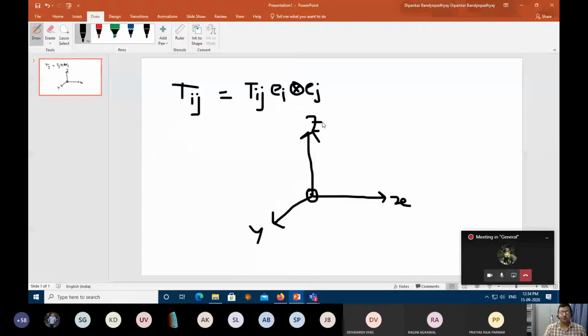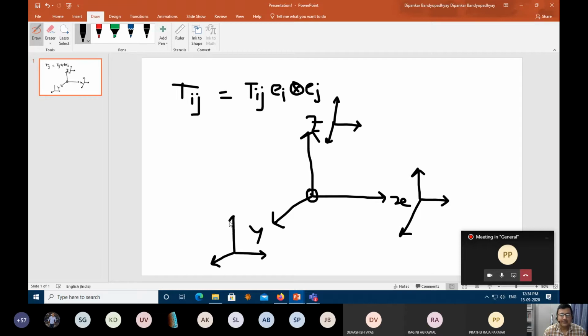All right. Now, when I talk about a tensor, you again see that I am now resolving the x component into three different components, the z component into three different components, and again the y component into three different components.